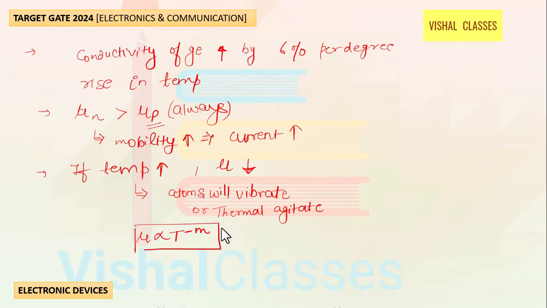Mobility is directly proportional to T raised to power minus m. Here m is a material constant.